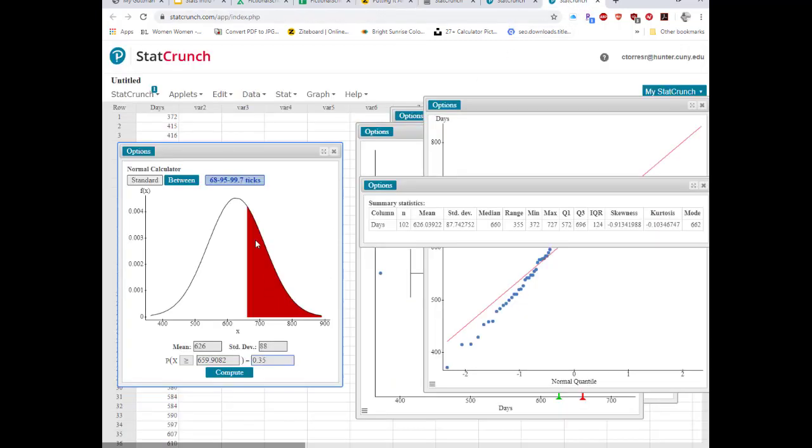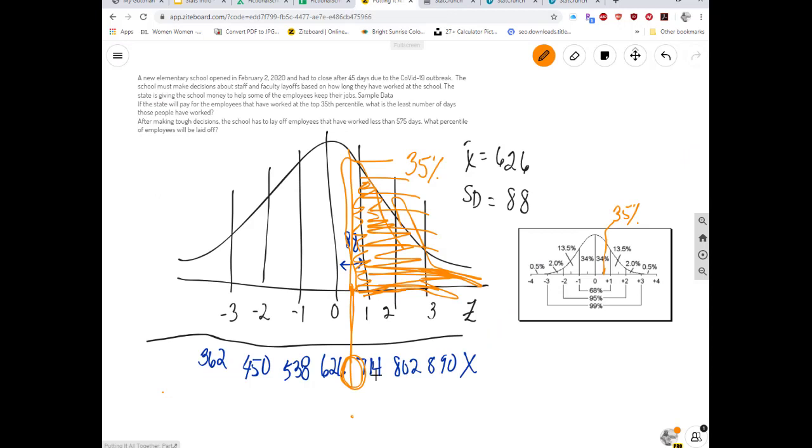Okay, so this is showing the top 35%, and the raw score that corresponds to that is 659.9, or approximately 660. So I'm going to go here, and I can say that the raw score that corresponds with the top 35% is 660. Okay, so anybody that works 660 days for this school will be able to keep their job.